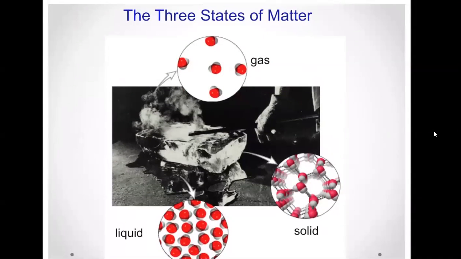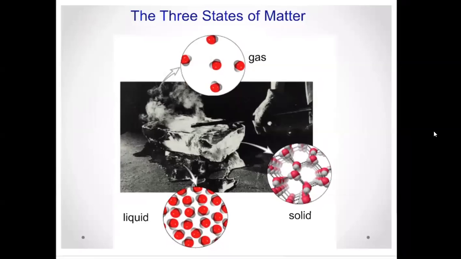Okay, states of matter. The 3 states of matter are solid, liquid, and gas. A solid has a definite shape and volume. This example is showing ice, using water as our example.